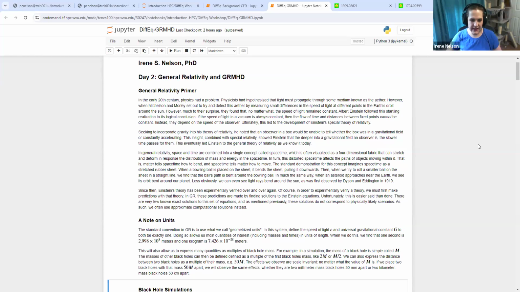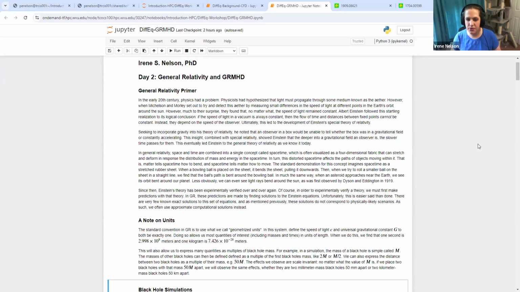So since then, Einstein's theory has been repeatedly verified experimentally over and over and over again. But of course, in order to verify a theory, we must first make predictions with that theory. So in general relativity, we do that by finding solutions to the Einstein field equations. But of course, as was the case with computational fluid dynamics, finding these solutions is easier said than done.